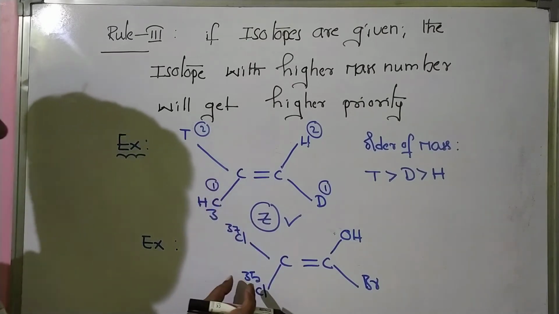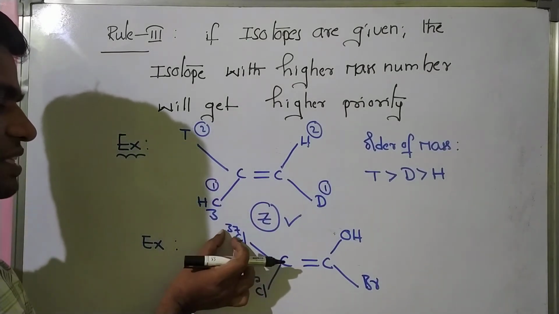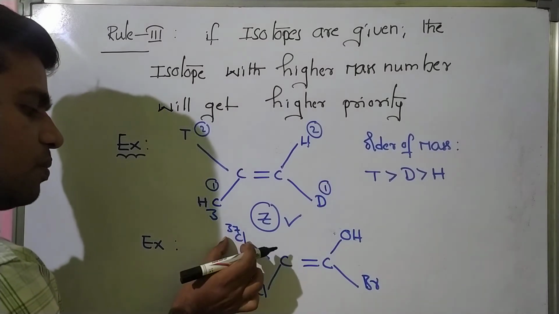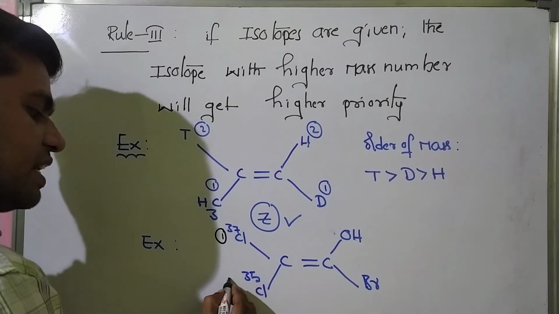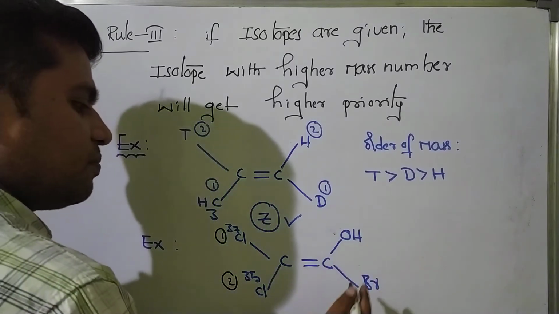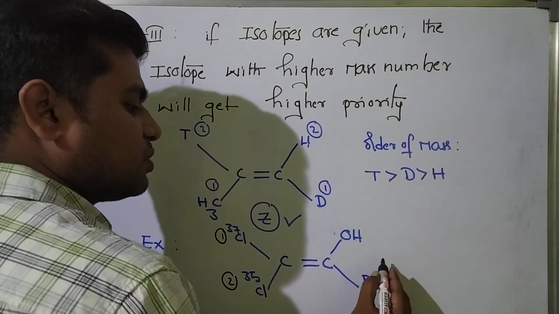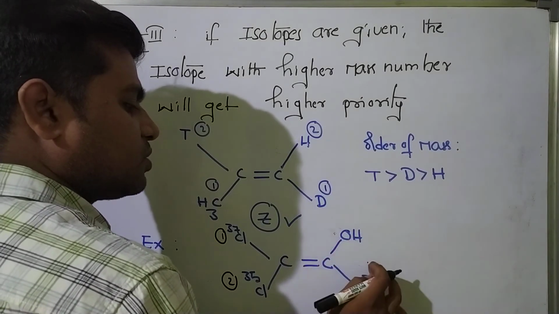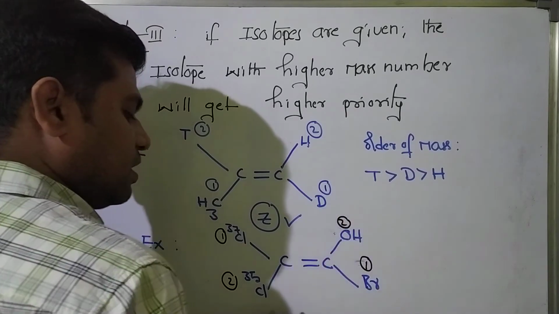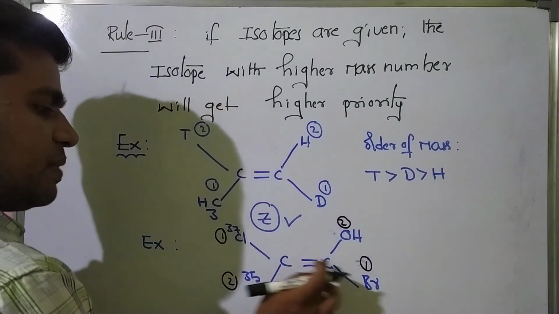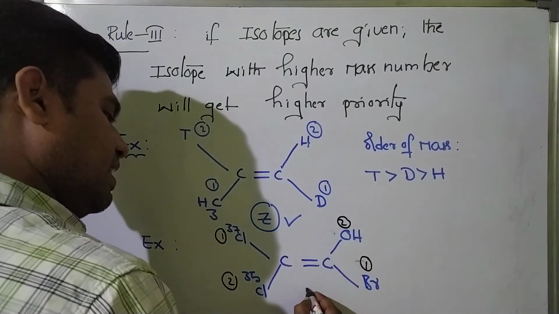Please note, this is the chlorine 35 isotope, this is the chlorine 37 isotope. So this will get first priority, this is second priority. Now this is bromine, this is oxygen. Bromine always has more atomic number compared to oxygen, so it gets first priority. Now the first priority groups are on opposite sides, so this is the E isomer.